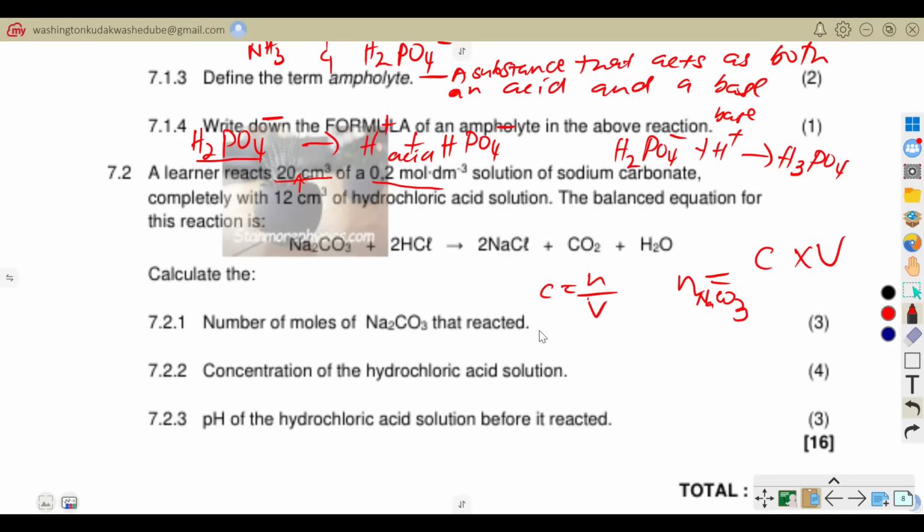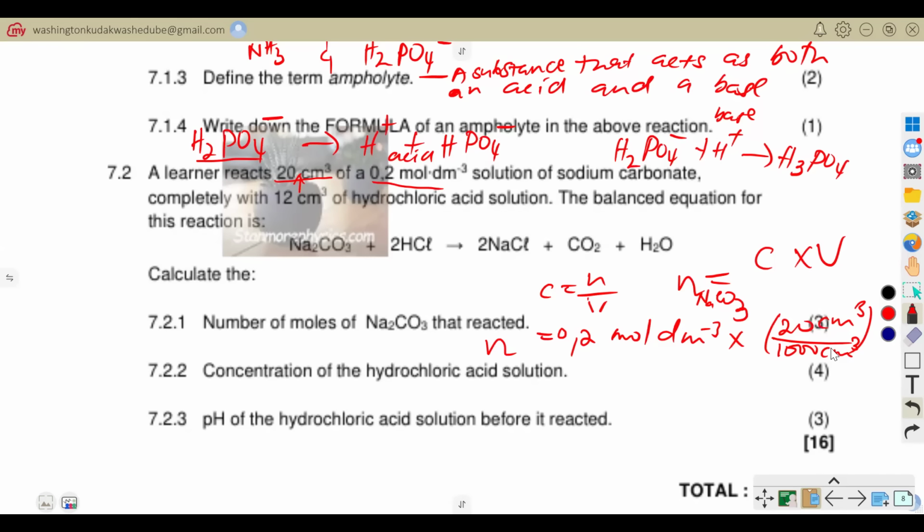So I would come here and say that the number of moles would be simply equal to 0.2 moles per decimeter cubed times 20 cubic centimeters divided by 1,000 cubic centimeters.